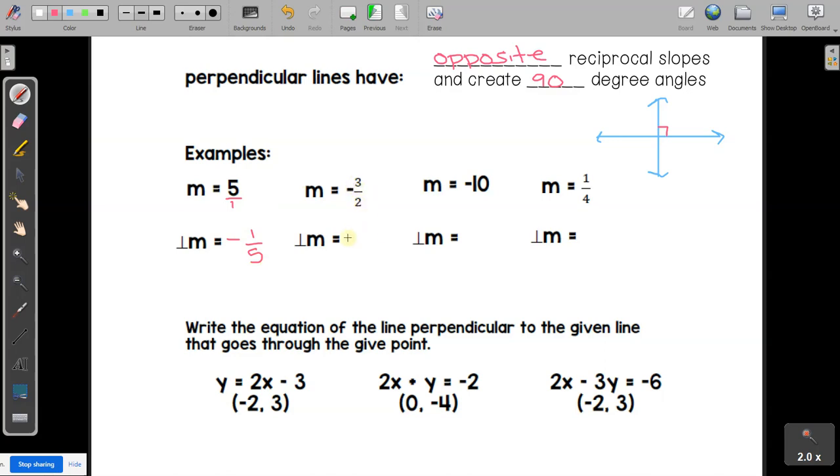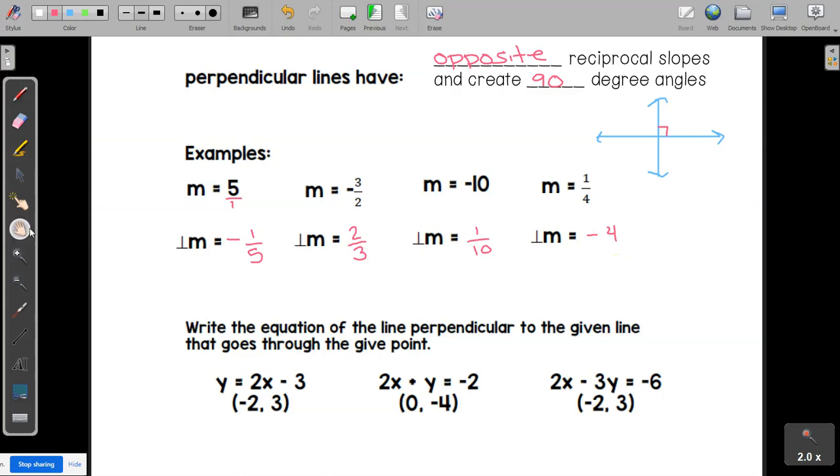So instead of negative, it's going to be positive. Flip it: 2/3. And then negative 10 is going to become a positive 1/10. And then lastly, 1/4 is going to become a negative 4.